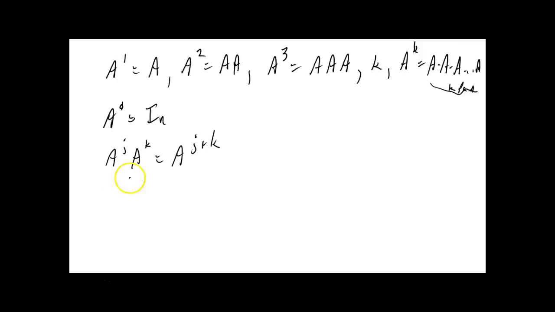And then A to the jth, raised to the kth, that would be A to the jk. So that's A to the j times A to the j times A to the j. You would have j in each one of those, and if you had k of them, j times k. So that's pretty much like you would expect.